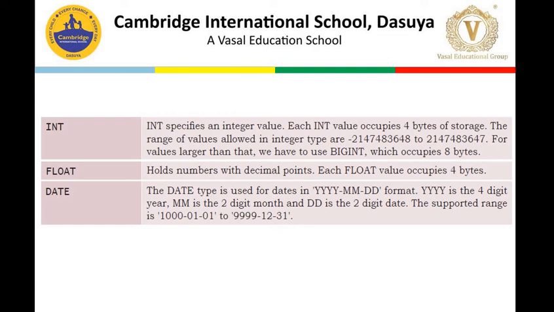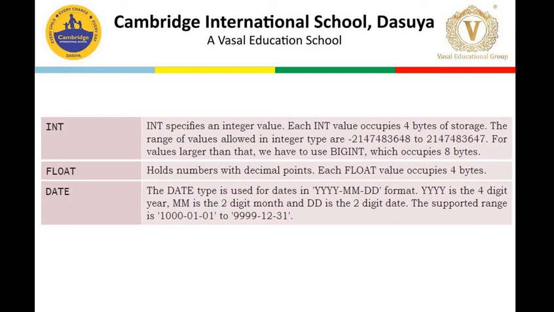For these large values, we store them under integer. Clear? If we have a value larger than this, then we can use bigint that occupies 8 bytes, whereas integer consumes 4 bytes of storage.